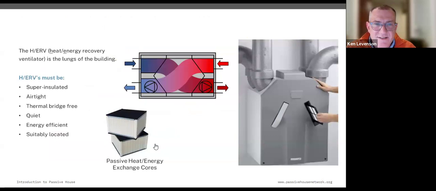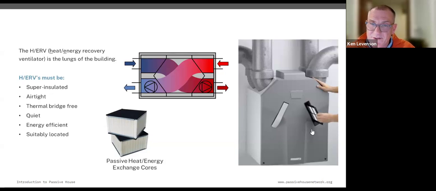And it has these cores in the middle that are counterflow cores and specially designed, so we're not getting any contamination between the exhaust and the supply, but we're getting all the energy transfer. And so they can be really super efficient, and they're a big game changer in terms of the ultimate model, as well as just providing fresh air.